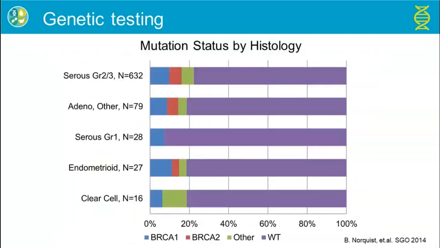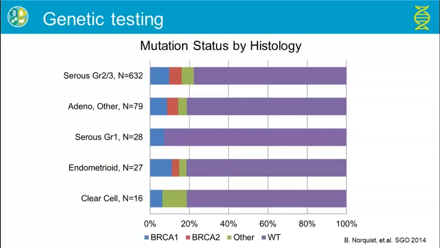If we look at the different types of histology of ovarian cancer, everybody said, well, it's the high-grade serous that are really the ones that are genetic. But what you can see here is that high-grade, grade 2 and 3 serous is on the top bar, and about 22% of those will have some type of mutation, BRCA1, BRCA2, or other. But the adenocarcinomas that aren't serous also have a mutation.